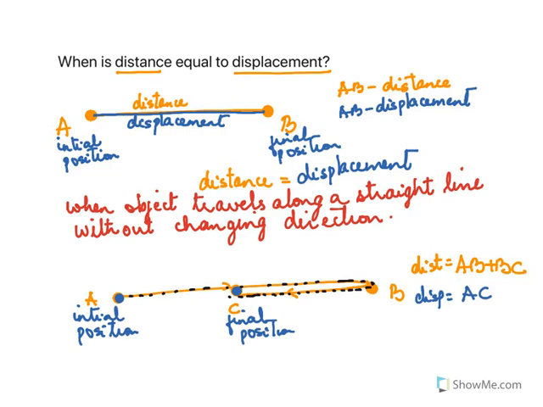AC. Is distance equal to displacement in this case? Distance is not equal to displacement. Why did this happen? Because the object changed its direction during the motion.